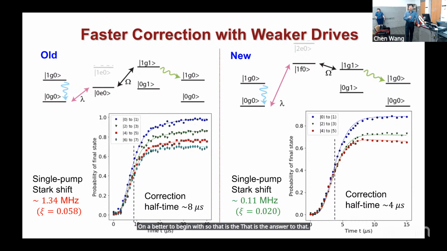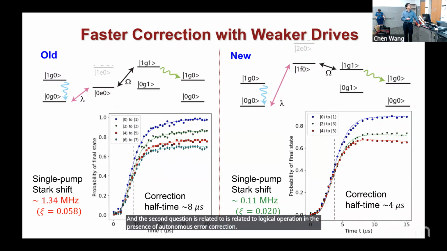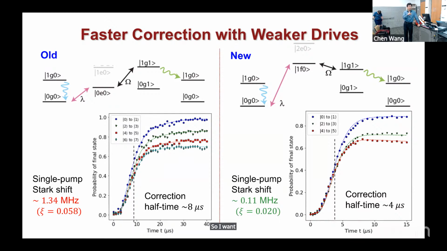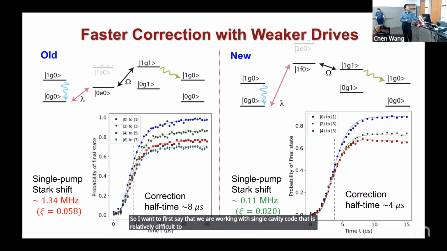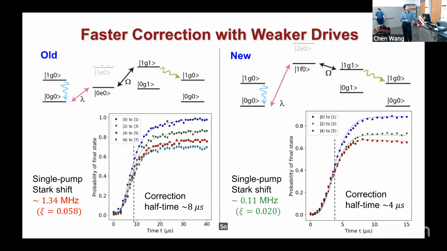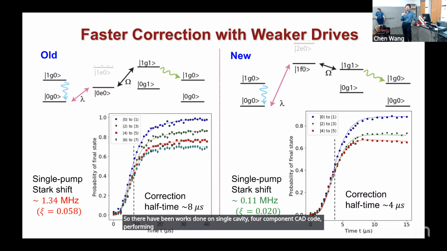And the second question is related to logical operation in the presence of autonomous error correction. I want to first say that we are working with a single cavity code, which is relatively difficult to do logical operations on. There have been works on the cat code, single cavity, four-component cat code, performing X gates and Z gates. The Z gate is a little bit easier, since it doesn't involve adding or subtracting photon numbers.